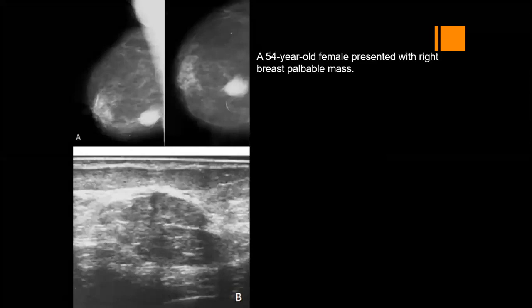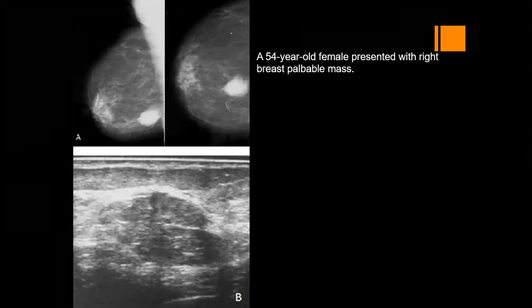This is a 45-year-old female presenting with a right breast palpable mass. It is 4B. Why?